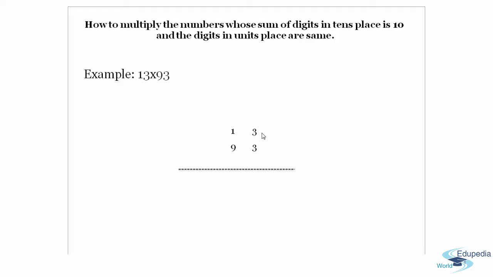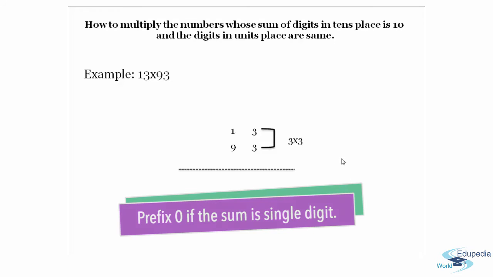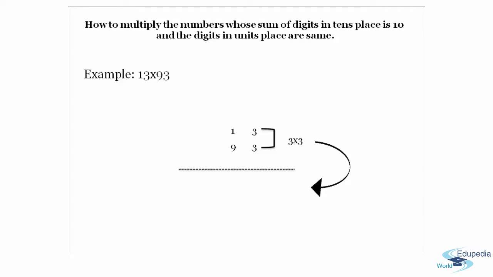If you multiply these two threes, you get the product 9. One important note to remember: whenever the product is a single digit number, you have to prefix it with 0 and write it below the horizontal bar on the right side, like this.